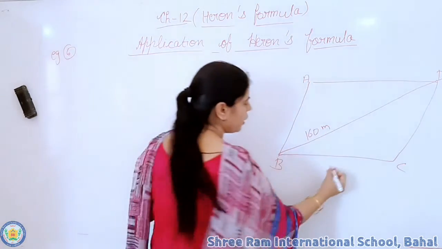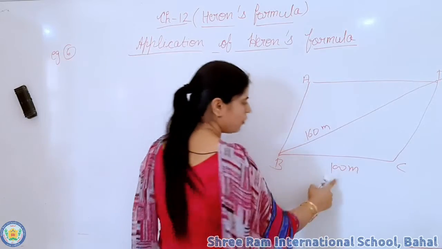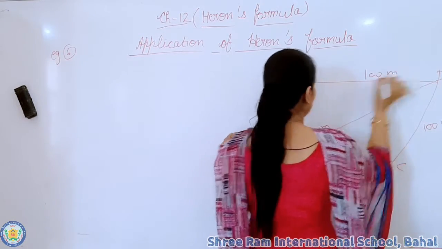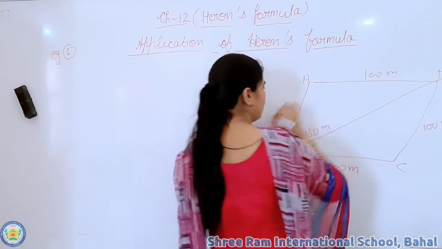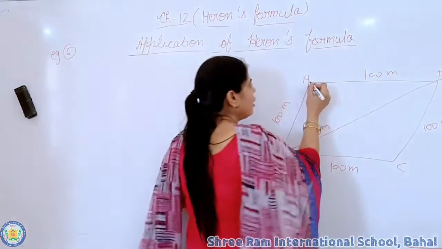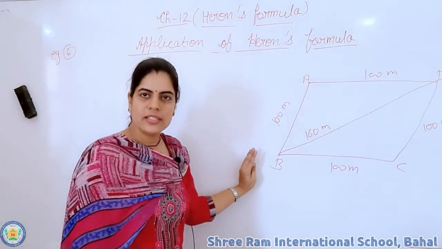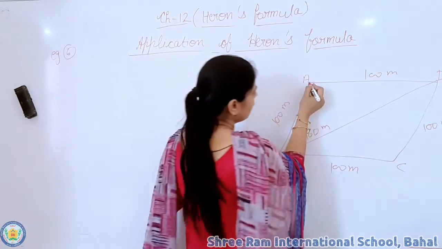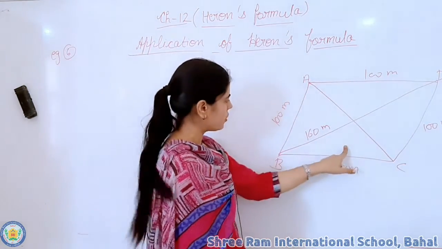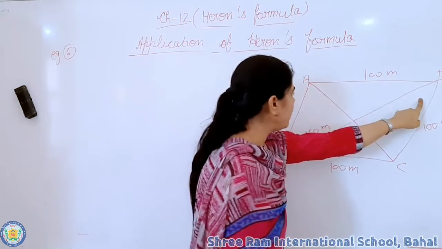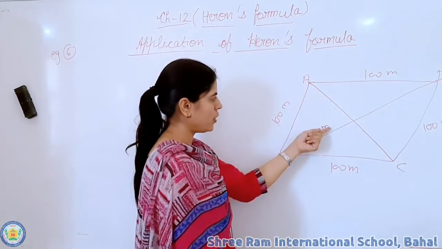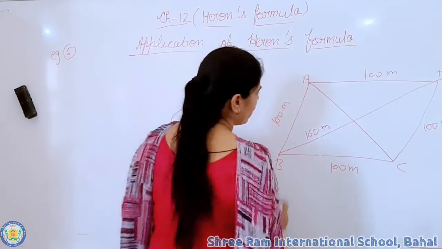The sides we found out were 100 meter, 100 meter, this is also 100 meter, this is also 100 meter. Now, we know that the diagonals of a rhombus bisect each other at 90 degree. If we join it, AC is also a diagonal of this figure. BD is the longest diagonal which is given. This is 160 meter and this we will find out.